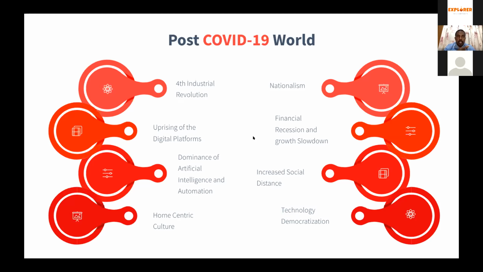And apart from that, the most important thing would be the uprising of digital platforms. A socialist can call this a different way of implementing socialism, but a capitalist will see it as a different way. But I think digital platforms will create an environment where the consumer and producer come into the same location.